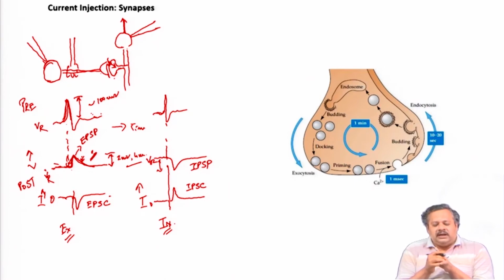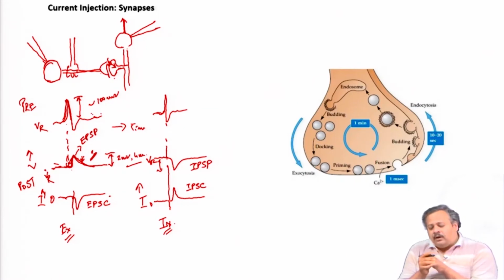Generally, AMPA receptors are activated by the binding of glutamate, as we saw, and that itself is an ion channel and allows cations to flow in, particularly sodium and calcium.